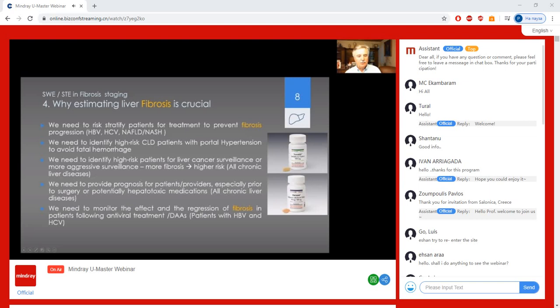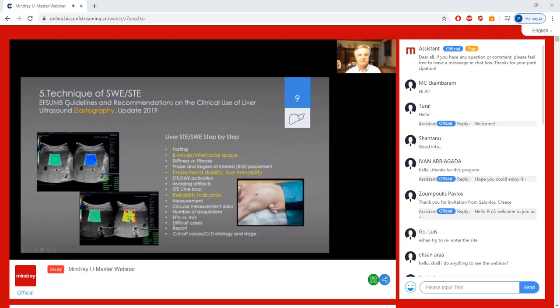We need to identify those same patients for liver cancer surveillance, and we need to provide prognosis for patients and providers, especially prior to surgery. And we need also to monitor the regression of fibrosis, because now we have drugs, DAAs, direct acting antivirals, in order to treat those chronic liver diseases.